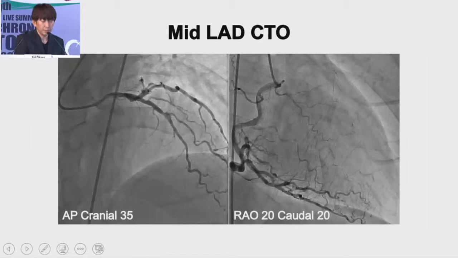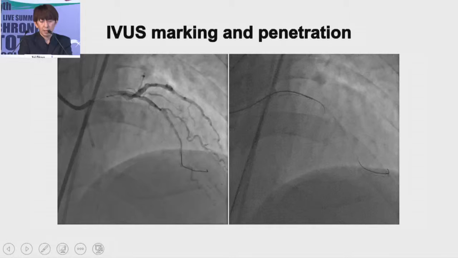Next case here. This is a mid-LAD CTO case with ambiguous CTO entry. And we can see the collateral from RCA. However, LAD distal is very tiny. First, I checked the IVUS to detect the CTO entry.